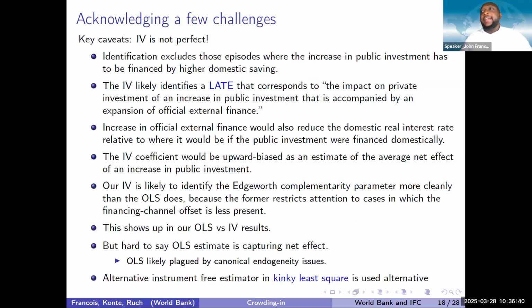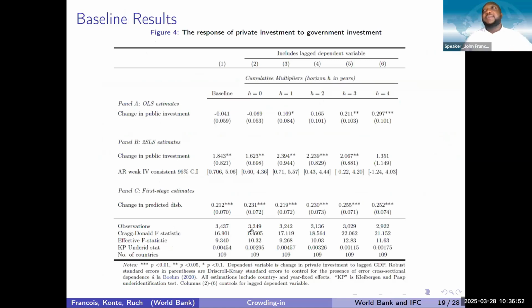So like any IV, I'm just making a point here that our IV is not perfect. It's not a silver bullet. It has its challenges, and Lisa, I can talk about it if there are any questions related to that. But to jump straight to the estimation results, these are the key estimation results. And what we are looking at is panel B, right?